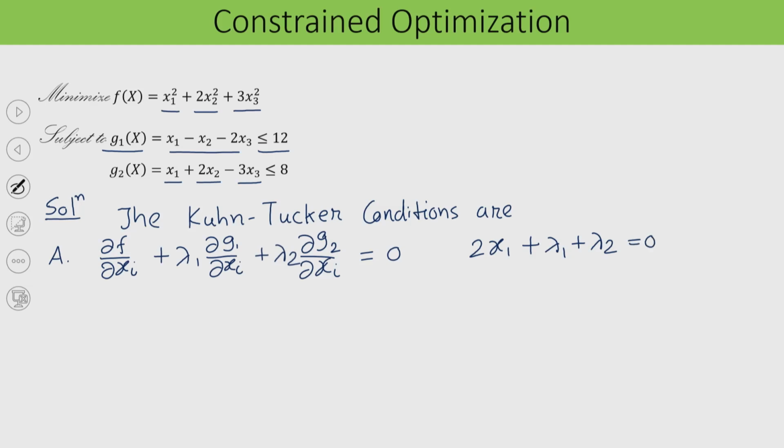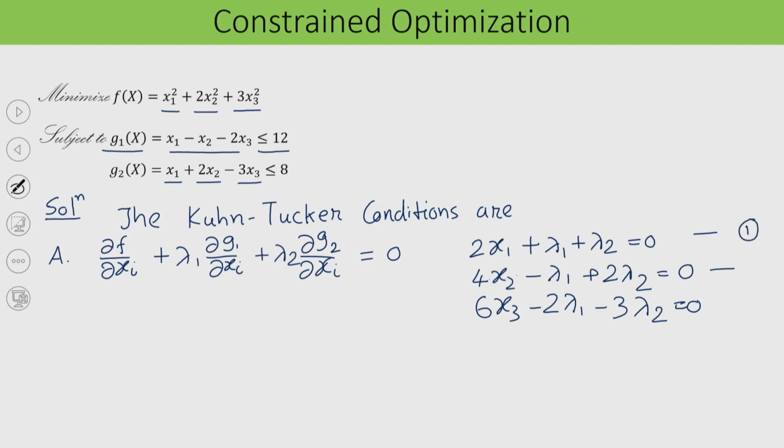The next equation is 4 x 2 minus lambda 1 plus 2 lambda 2 equal to 0, and the third equation is 6 x 3 minus twice lambda 1 minus 3 lambda 2 equal to 0. Let this be 1, this 2, this 3.